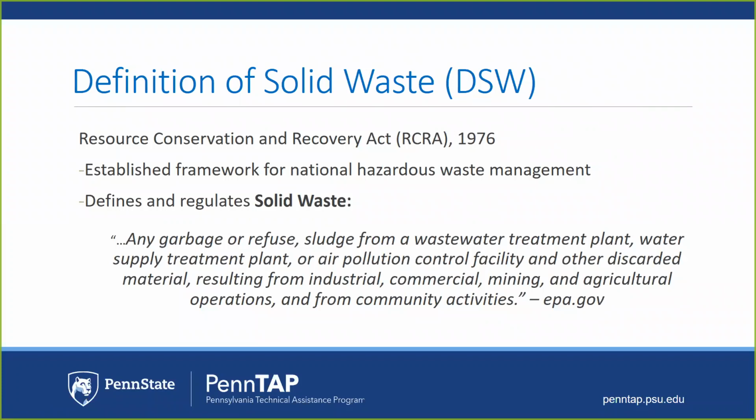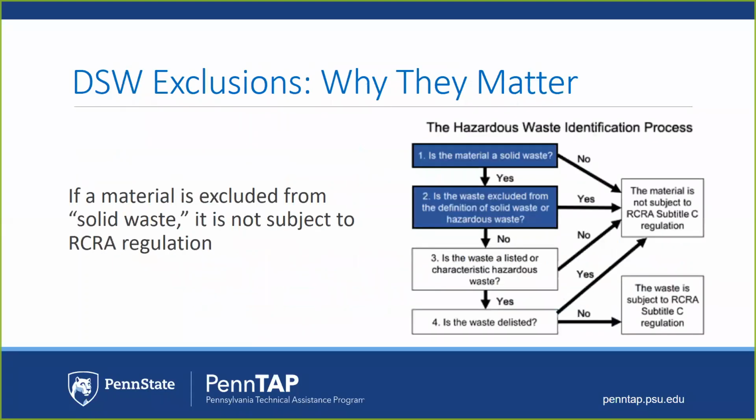Solid waste includes any garbage or refuse, sludge from wastewater treatment, water supply treatment, or air pollution control facilities, and other discarded material resulting from industrial, commercial, mining, and agricultural operations, and from community activities. Hazardous wastes are a subset of solid waste.